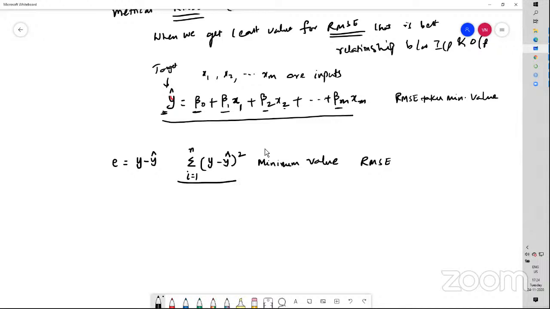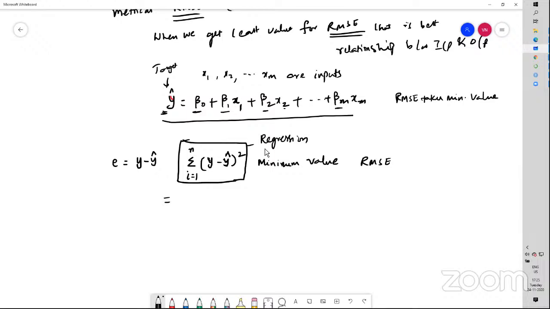So this here is called the cost function. In machine learning, whenever we want to learn something, we need to have a cost function. This is the cost function that we use for regression.